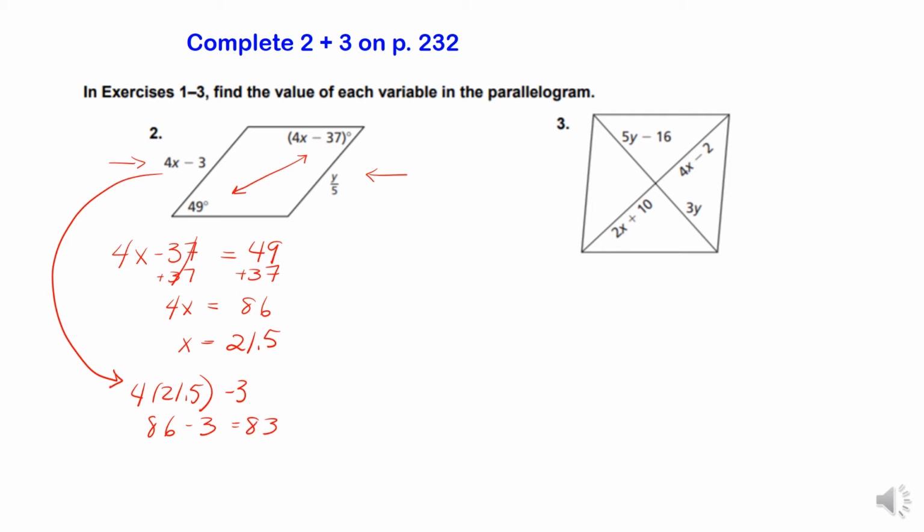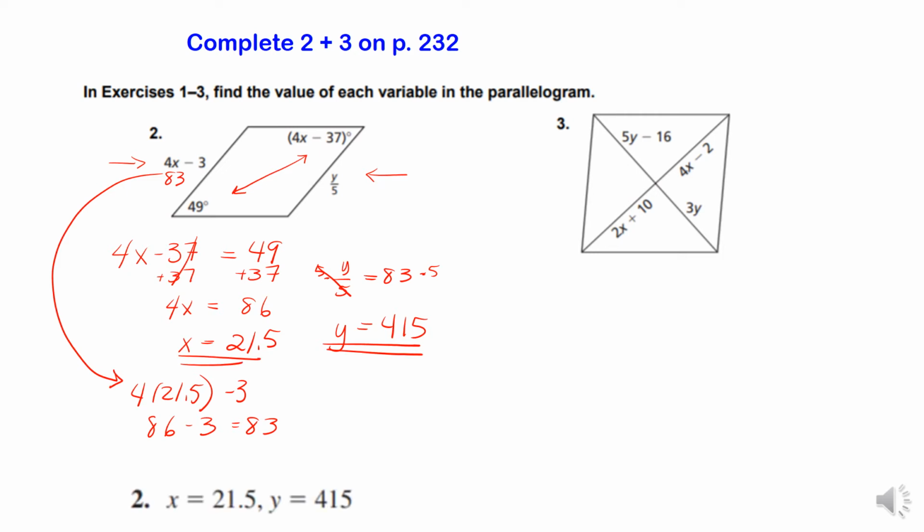So that is this side, 83. So that means that y over 5 equals 83. So I just multiply both sides by 5, and I get a great big number for y. Y equals 415. So there's my two answers. We can check them right there, and we're good to go.